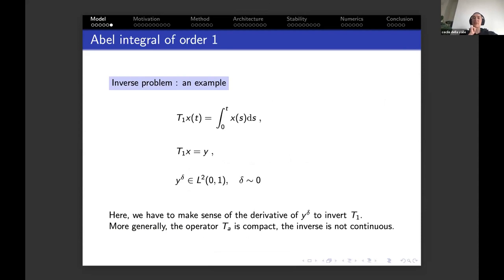ill-posed? So if a is equal to 1, we only have the integral operator. And so the inverse of T_1 is just a derivation. But since we have access to y delta, which is in L2, we have to make sense of the derivation of y delta, which is not possible. So more generally, all the T_a operators are compact and their inverse is not continuous.